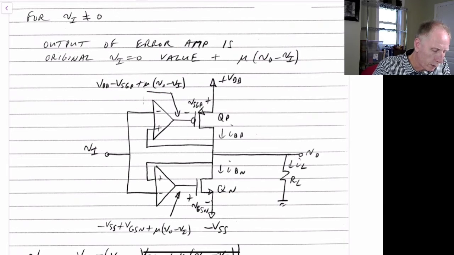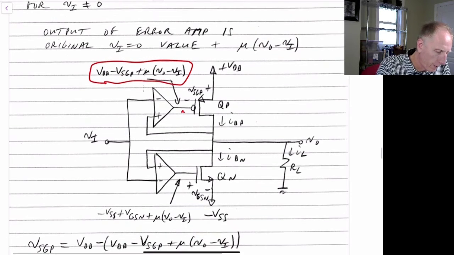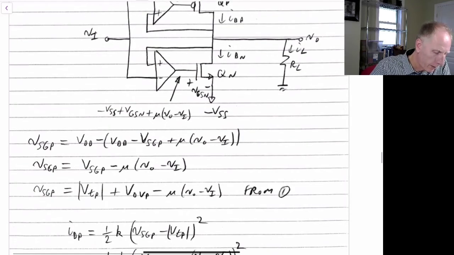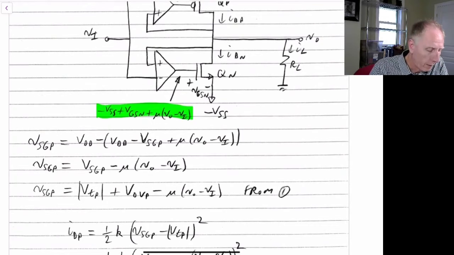So that's the new voltage that we have at this location at the output of the error amplifier. We can have a similar relationship at the error output for the other error amplifier down here.